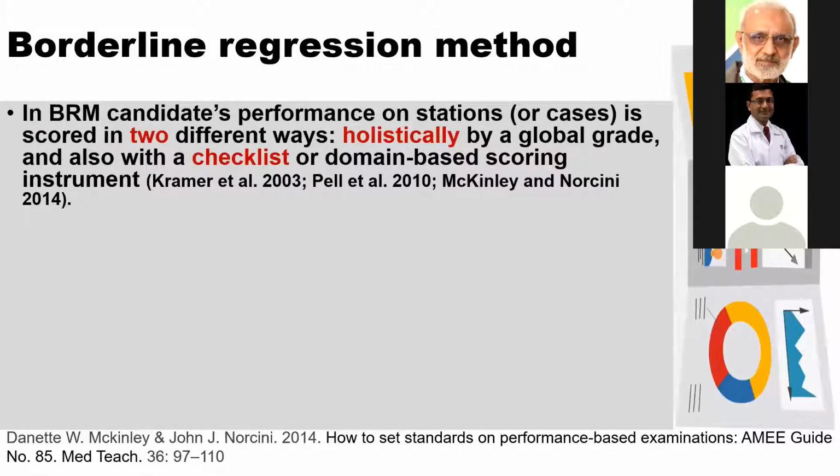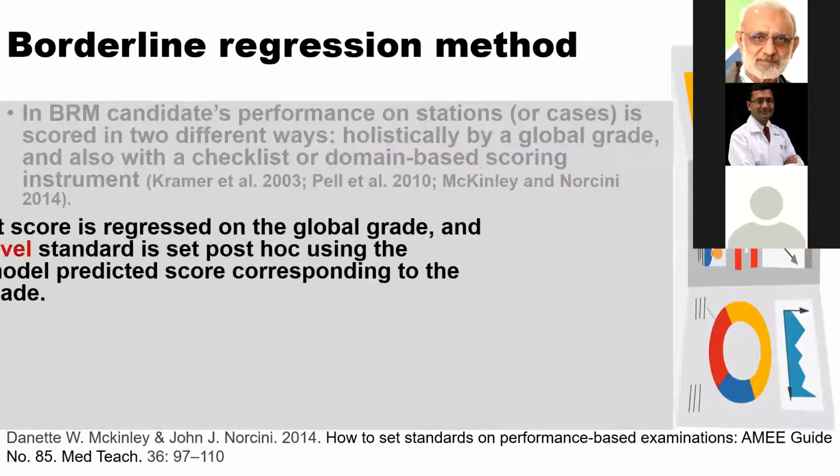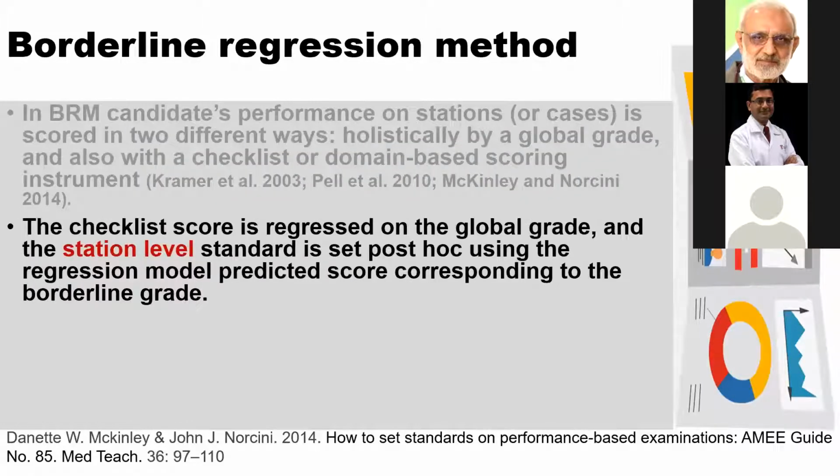In the borderline regression method, therefore, the candidate's performance on stations or cases is scored in two different ways: holistically by a global grade, and also with the checklist or domain-based scoring instrument. The checklist score is regressed on the global grade, and the station level standard is set after the examination using the regression model.